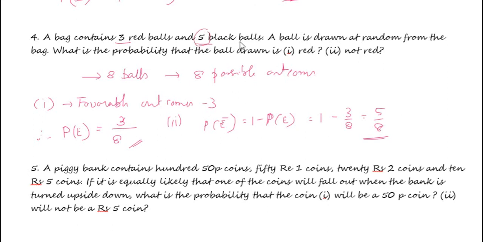How many balls are there? 5 black balls. So if it is not red, you will be getting one of the black balls, that is 5 favorable outcomes divided by the total number of possible outcomes. So the probability of that event is 5 by 8. You can calculate using either of these methods. This is the simpler method.